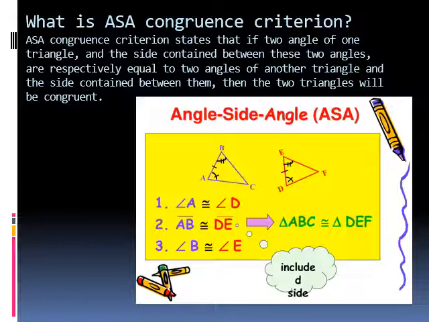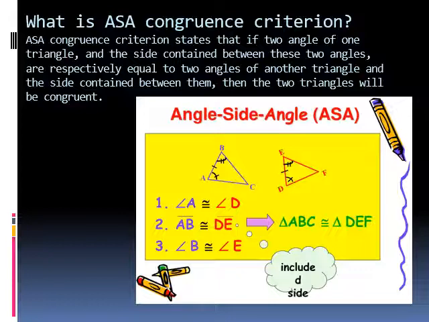The ASA congruence criterion is nothing but the angle side angle criterion which we learned in class 7, but what is different in class 9 is that we will actually prove and show where this congruence criterion comes from. The ASA criterion states that if two angles of one triangle and the side contained between these two angles are respectively equal to two angles of another triangle and the side contained between them, then the two triangles will be congruent.